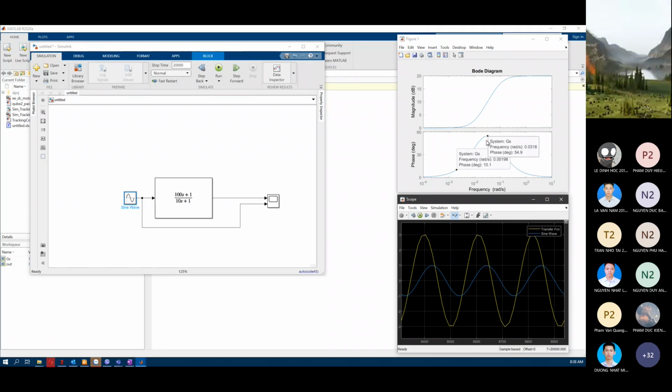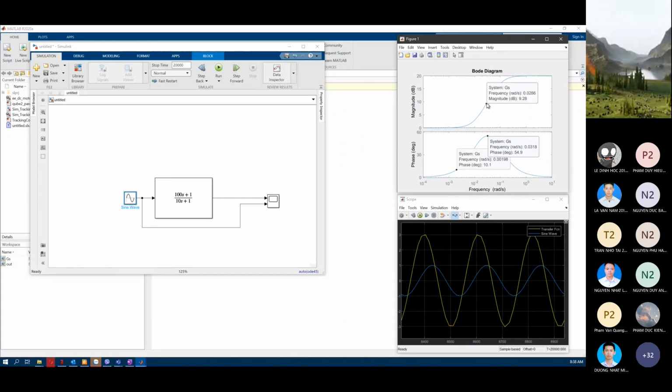See, and the amplitude you can see here, the amplitude is about 10 dB. 10 dB just means 20 log equal to 10, which means the output will be how many times? 5 times, about like this. Okay.